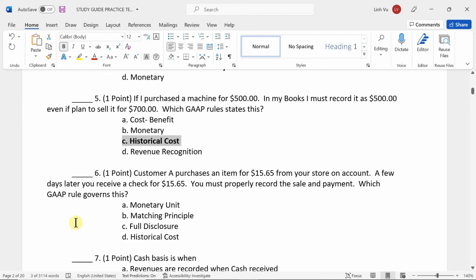Number 6, customer A purchases an item for $15.65 from your store on account, and then a few days later, you receive a check for $15.65. You must properly record the sale and payment. Which GAAP rule states this principle?